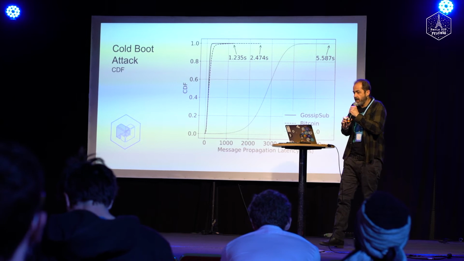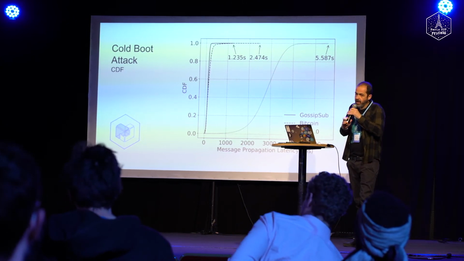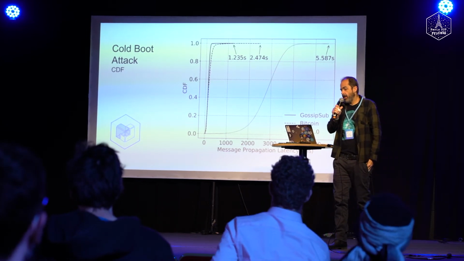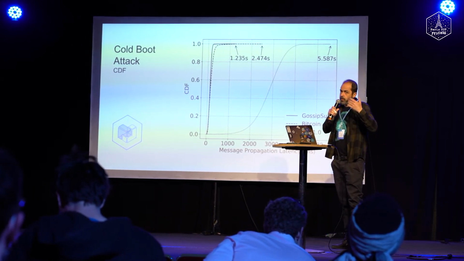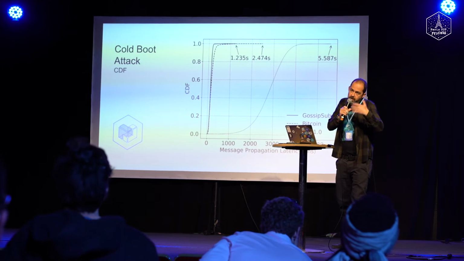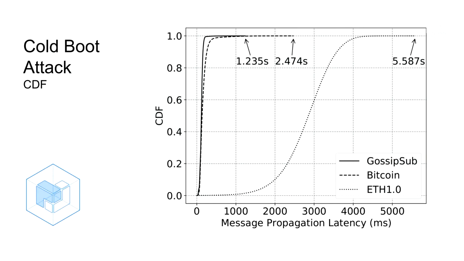This is another attack, the cold boot attack, which is pretty brutal, actually. What it means is we assume that the network boots. So in a blockchain network, it's the Genesis block that is produced, and all peers start propagating the Genesis block, and then all the other subsequent ones.